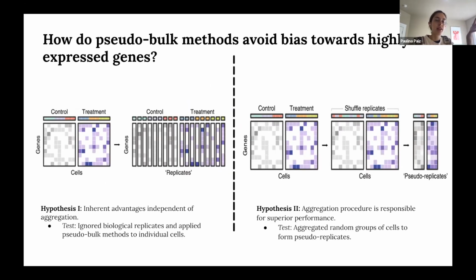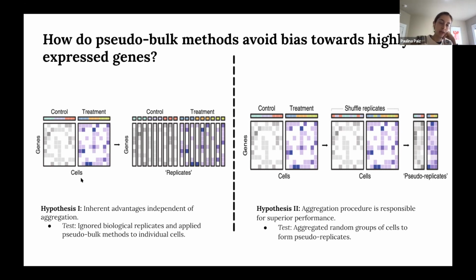The next and obvious question was, how do pseudobulk methods avoid this bias towards highly expressed genes? Of course, the biggest difference between pseudobulk and single cell methods, like I mentioned in the beginning, is this aggregation procedure. So they wanted to test whether the aggregation procedure was responsible for the superior performance of pseudobulk methods, or if it was something inherent to those methods and separate from aggregation.